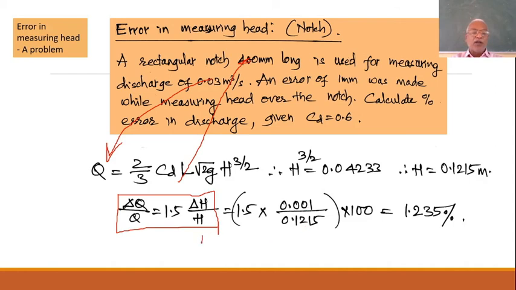This can also be calculated considering the percentage of error made here. It is 1 mm in 121.5. What is the percentage of error?